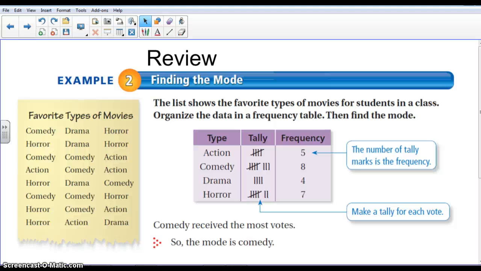Notice, though, in mode, we're not figuring out numbers. We're figuring out types of movies. So the value is not a number. The value right here is the type of data.